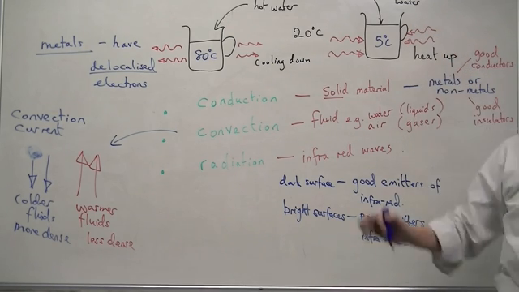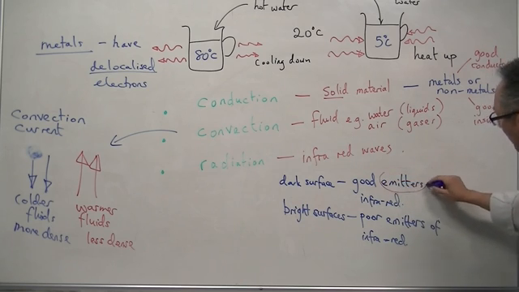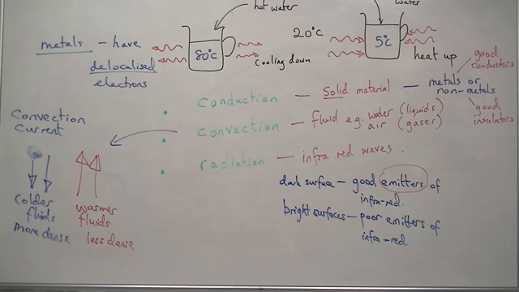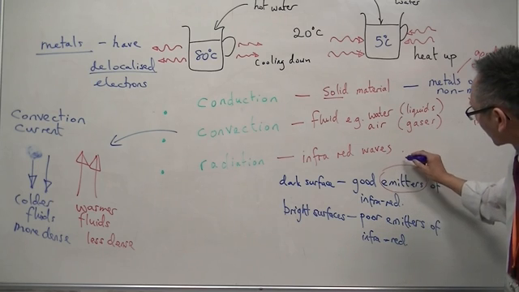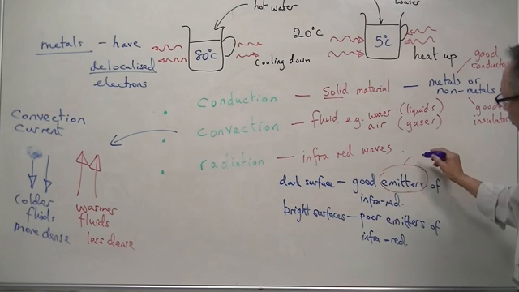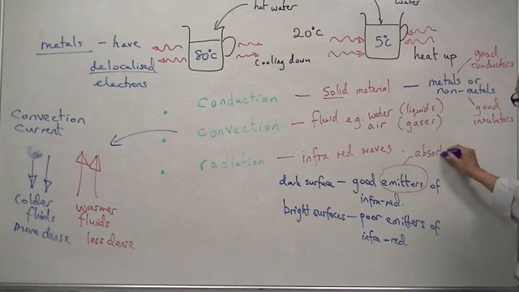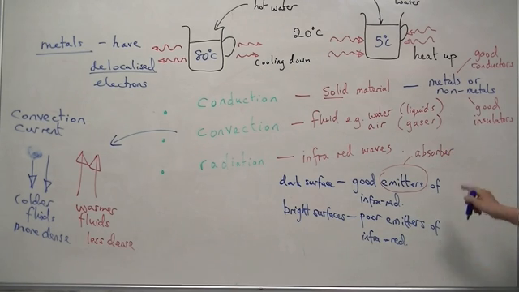Okay, that's the way the energy is going. And do you know what? It's exactly the same situation here. Instead of talking about emitting here now, we are talking about absorbing. Okay? So the same dark surface, the same black cup, will actually be the better absorber in this scenario, of infrared. Okay?